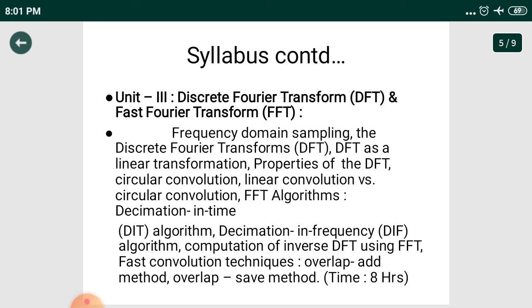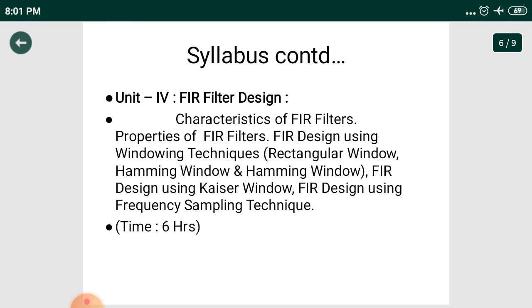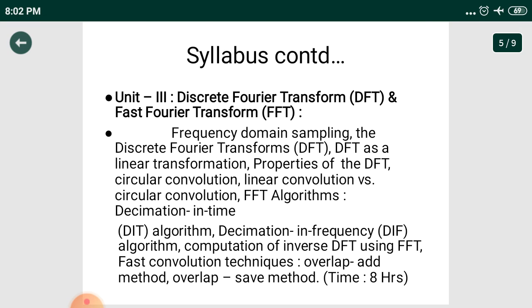Then computation of inverse DFT using FFT, and fast convolution techniques, that is overlap add method and overlap save method. Time duration given for this unit is 8 hours.